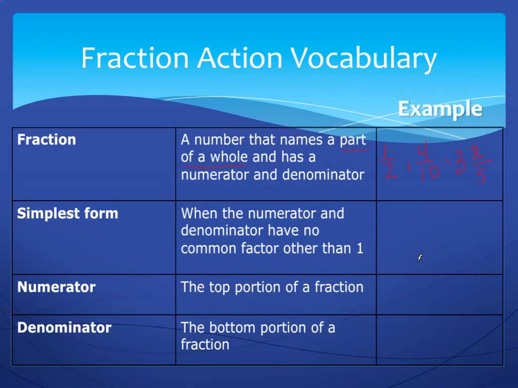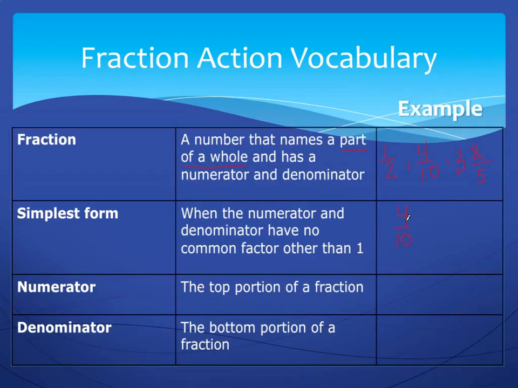The second term you need to be aware of is simplest form, when the numerator and denominator have no common factor other than 1. So let's look at the example above, 4/10. I would need to write this in simplest form. To do that, I need to look at both of these numbers and go through my divisibility rules. Basically, I'm trying to see if there is a common factor between the two that I can divide out.